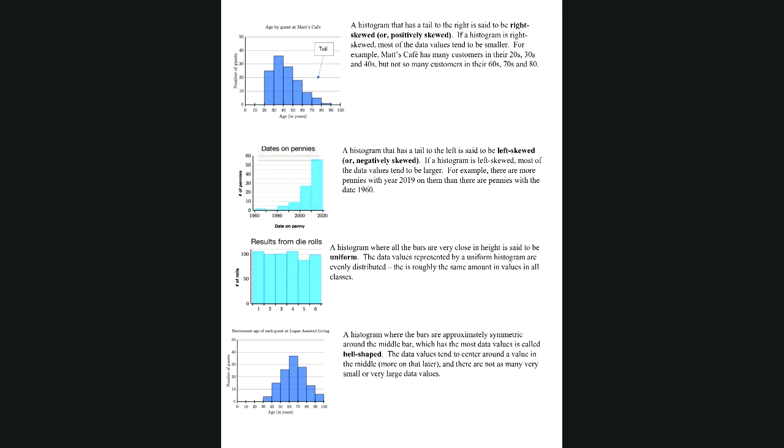So there are more younger guests than older guests at Matt's Cafe. If I were doing a statistical study based on this histogram, some of the questions I might ask is, well, what makes Matt's Cafe more appealing to younger guests than older guests, right?